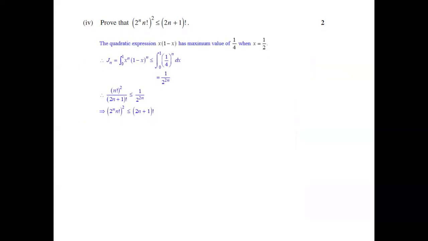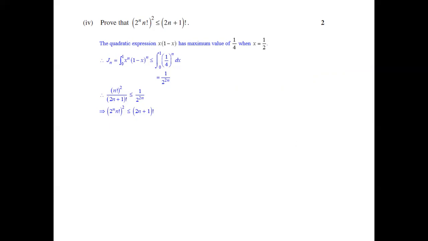This method is by far probably the best one, because they started by looking at the quadratic expression x times (1 minus x). The symmetry of that is at x equals a half, where the maximum value is a quarter. So we can then say that x times (1 minus x) is less than or equal to a quarter.